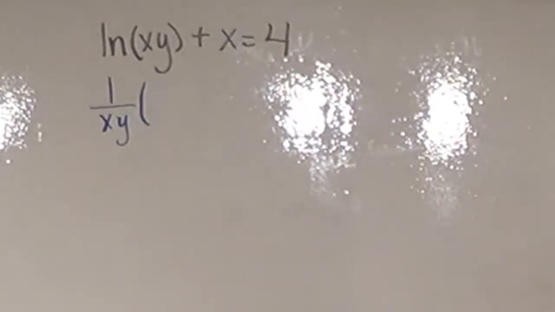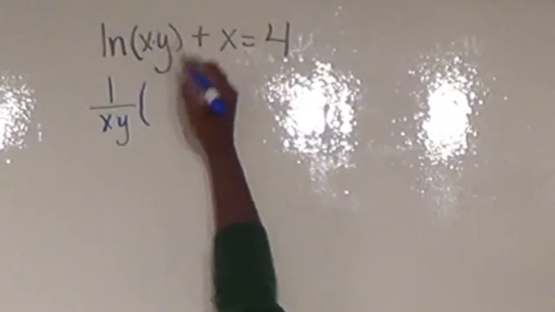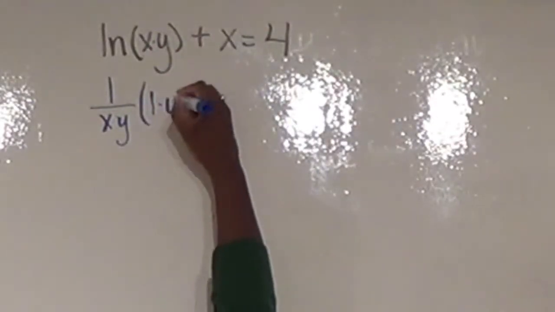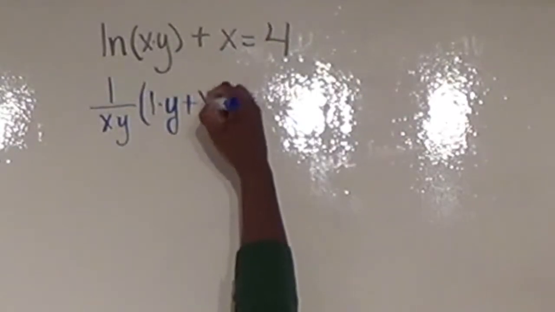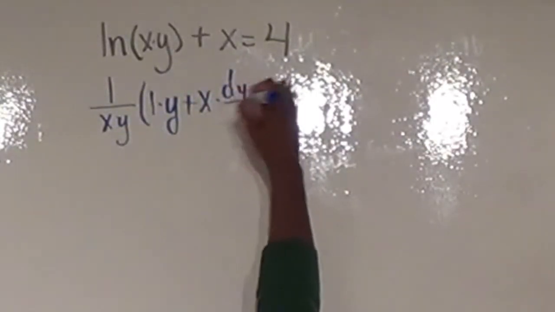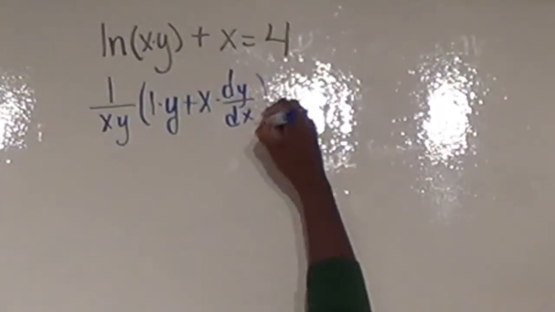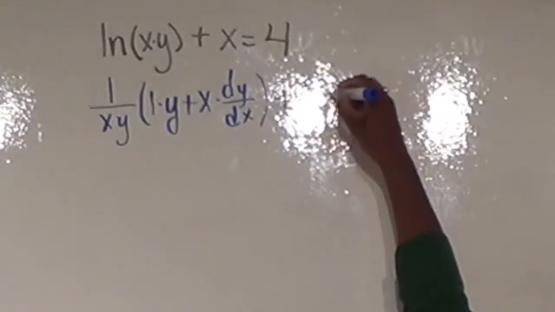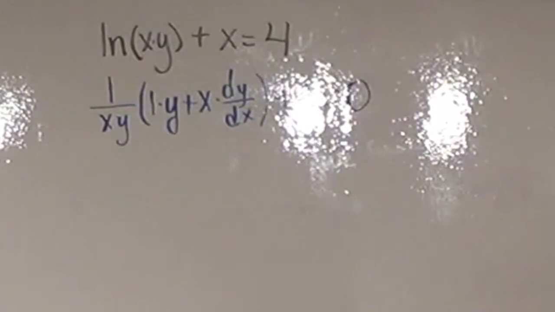xy, again, is a product. So here again, use my product rule. So derivative of the first times the second, plus the first times the derivative of the second. Our derivative of x is just 1, and derivative of 4 is 0. Okay. From there, again, we want to get our dy dx by itself.